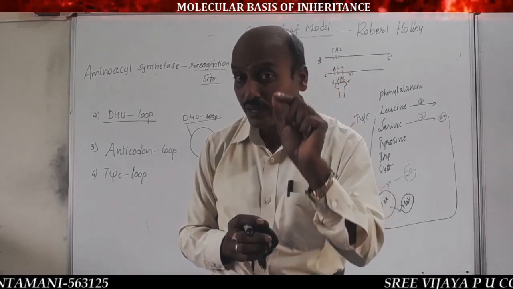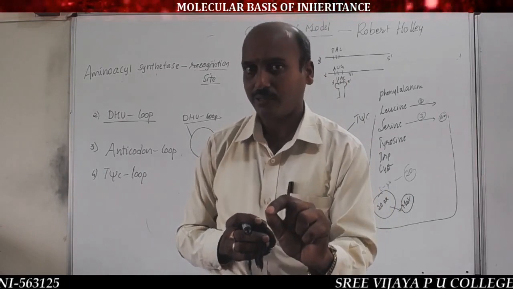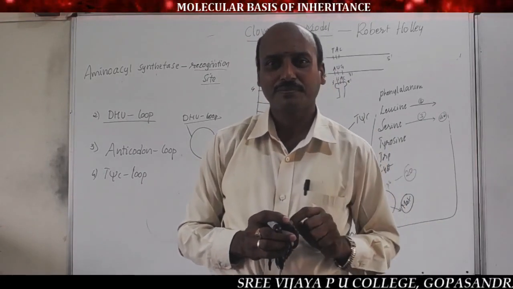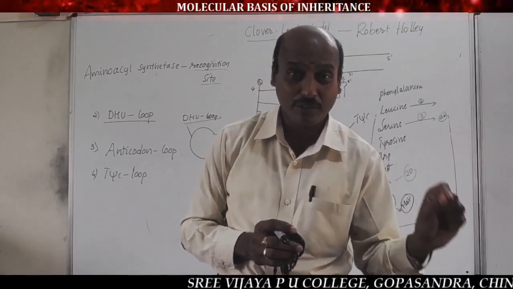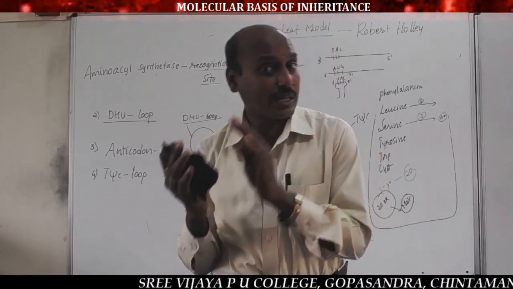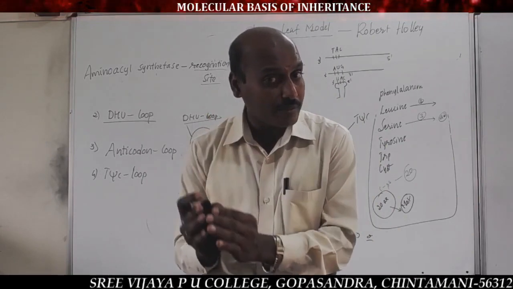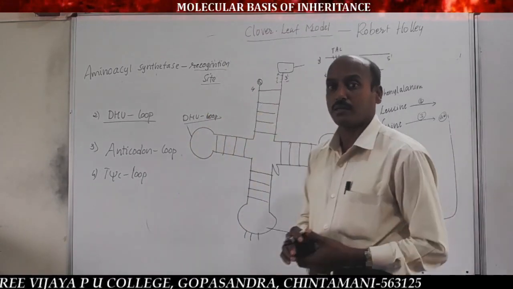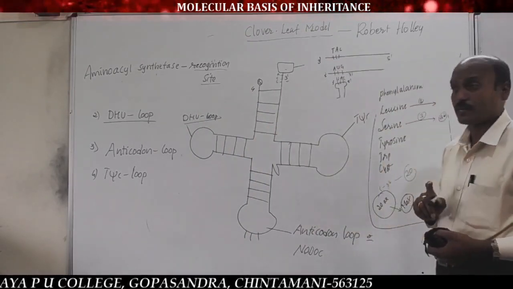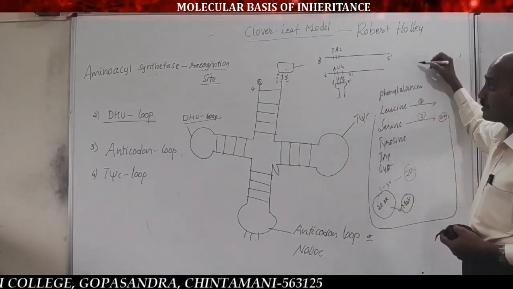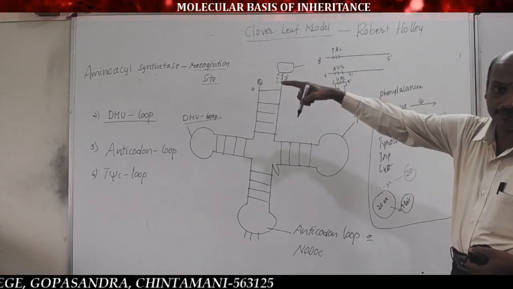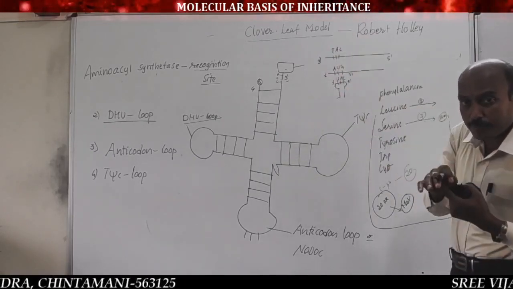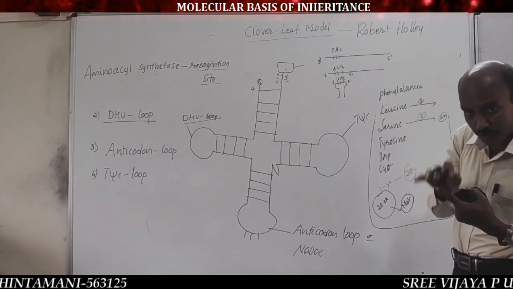the inactivated methionine amino acid to be converted into activated methionine amino acid. But for the conversion of inactivated methionine into activated methionine, it needs an amino acid synthetase enzyme, one type of enzyme out of 20.